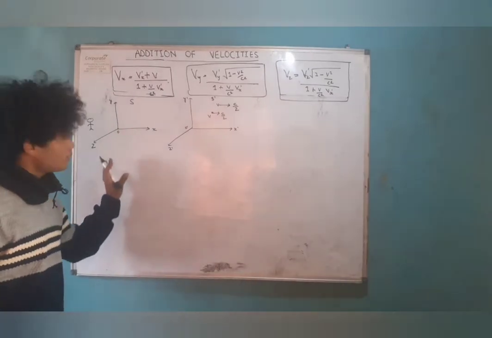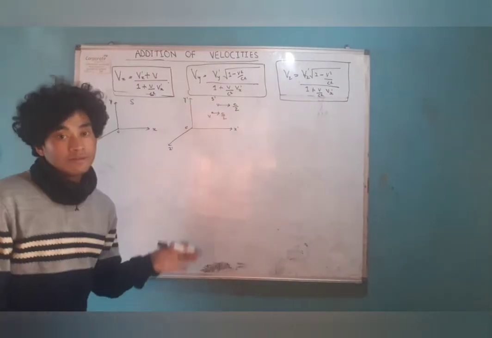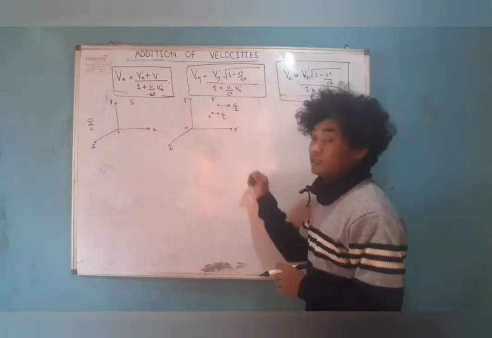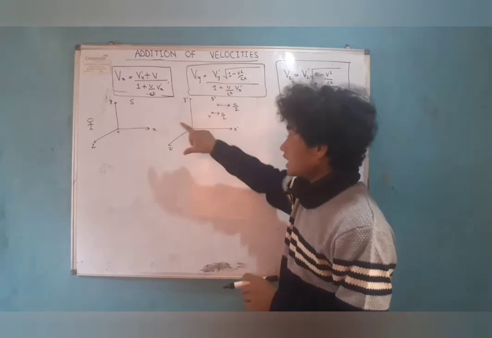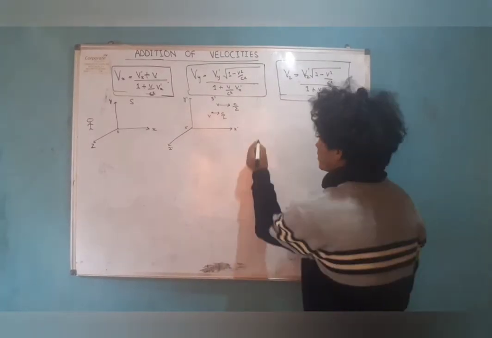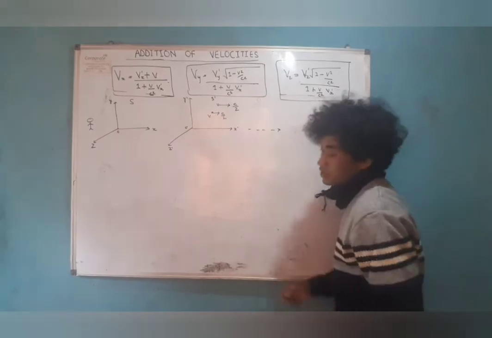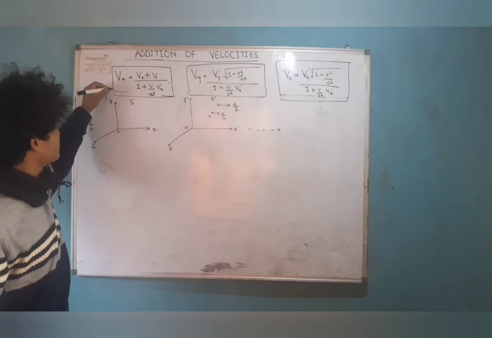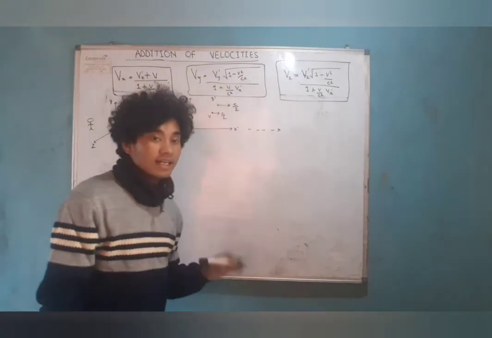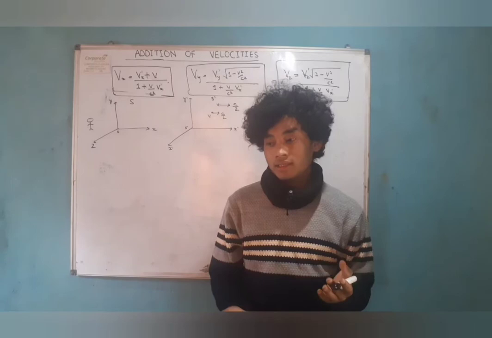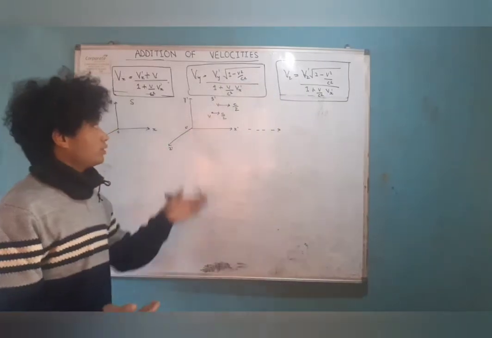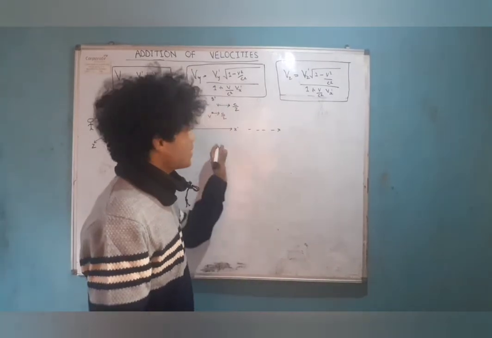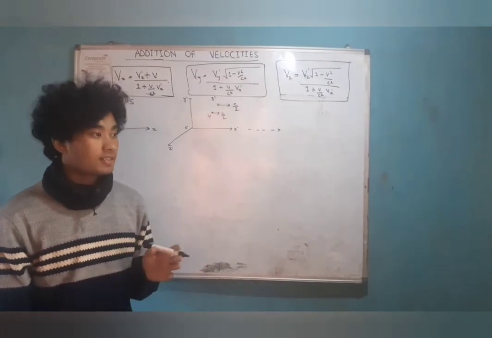Now we can use the velocity addition formula along the Vx direction, because the S prime frame is moving along the Vx direction. Or if we want to take the general formula, we can take Vy and Vz, but it is already said in the example that the S prime frame is moving along the Vx direction.